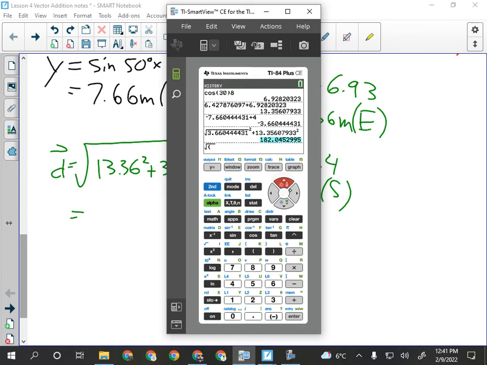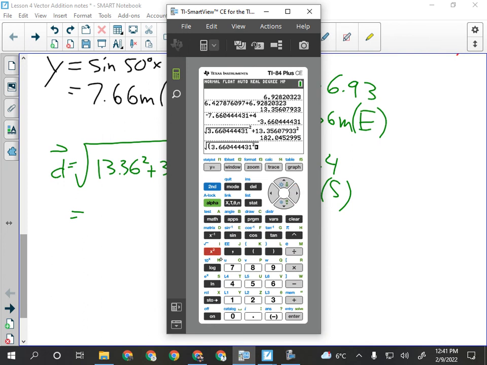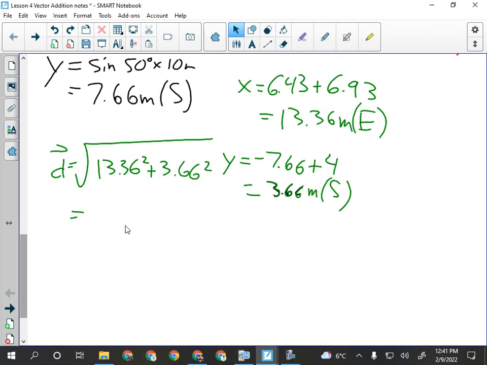Okay, then we can go on and get what I want, without the negative, squared plus that one squared. So my overall displacement's going to be 13.85 meters. 13.848 actually.